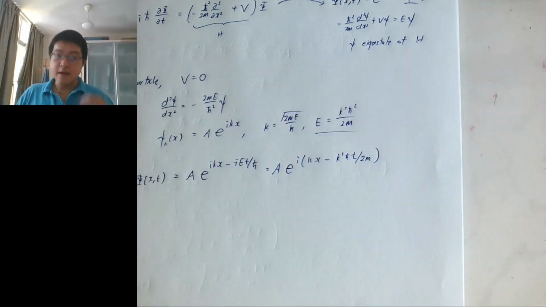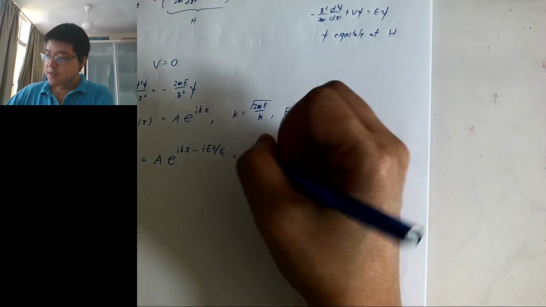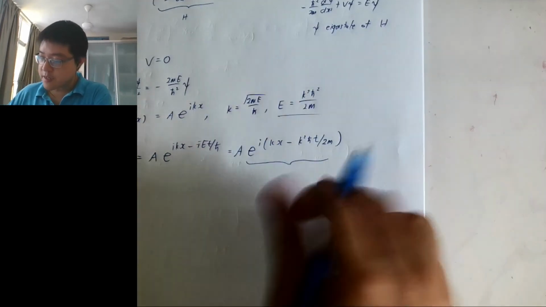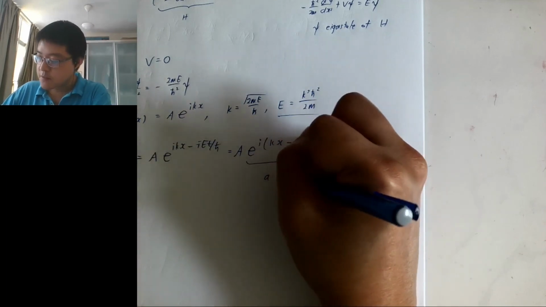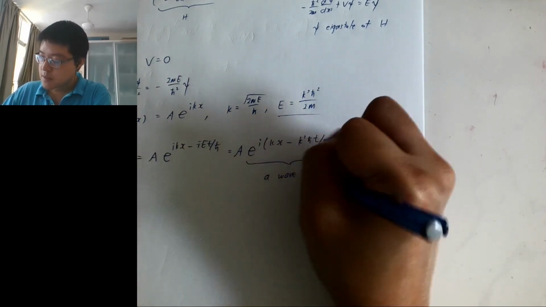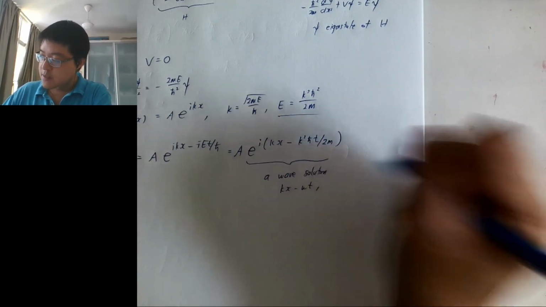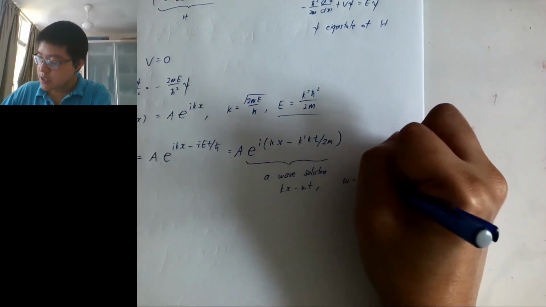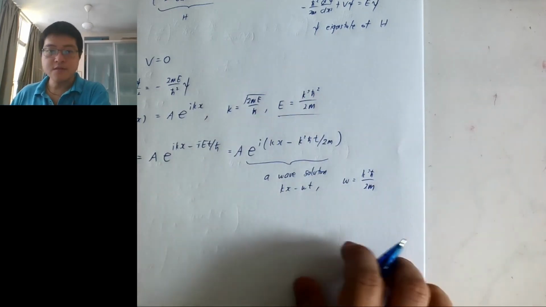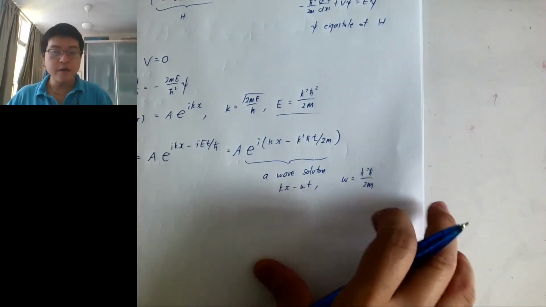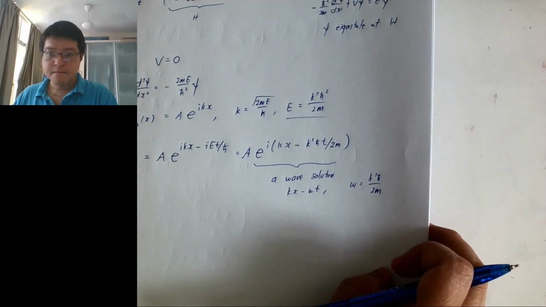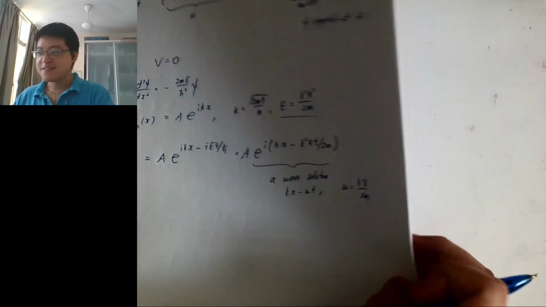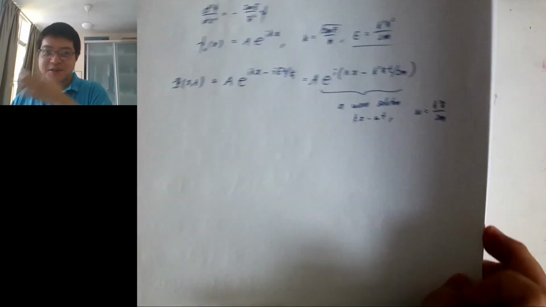If you recall what you did in mechanics and electromagnetism, this is a wave solution, kx minus omega t, where my omega is k squared h bar over 2m. From here you can derive the de Broglie relation over here.